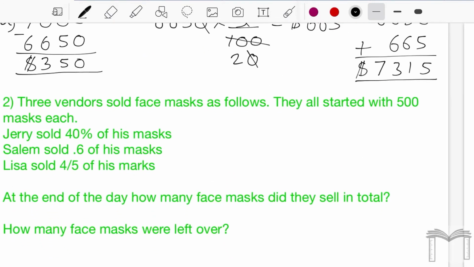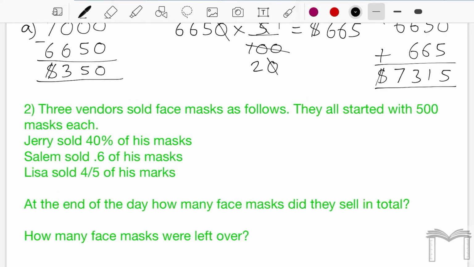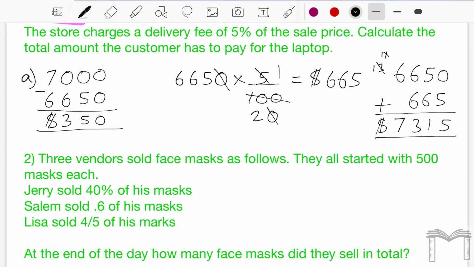Next, 3 vendors sold face masks as follows. They all started with 500 masks each. Jerry sold 40% of his masks. Salim sold 0.6 of his masks, and Lisa sold 4/5 of her masks.